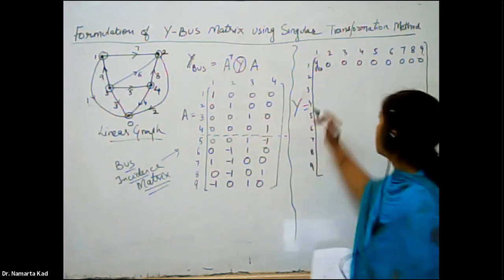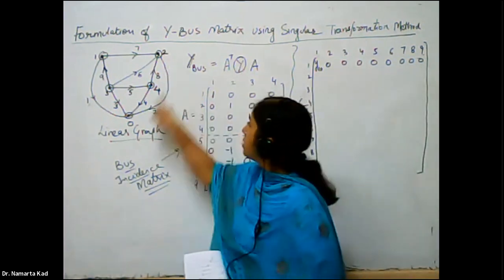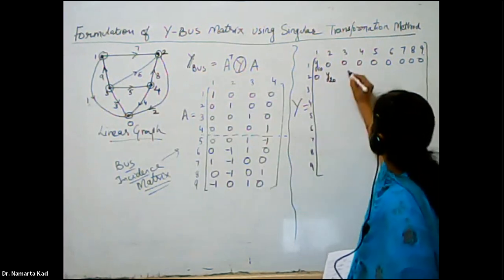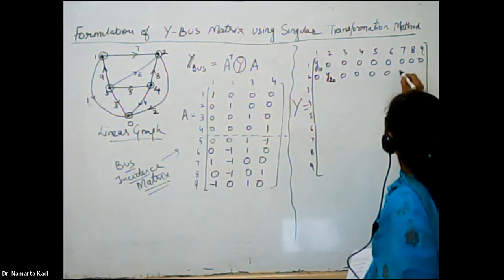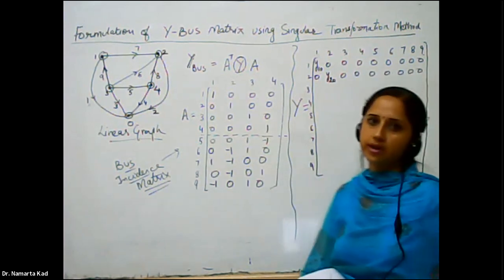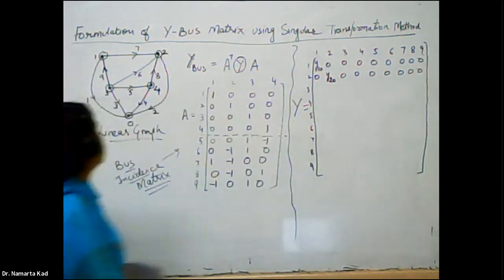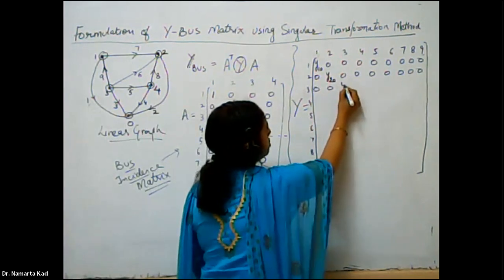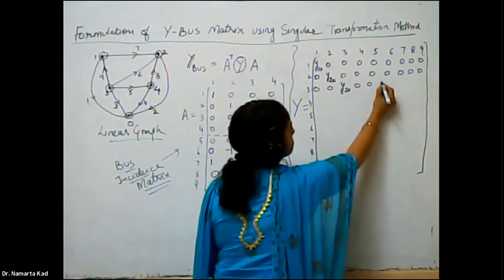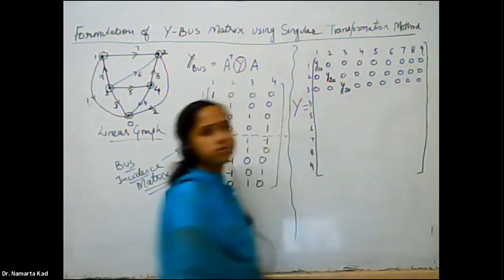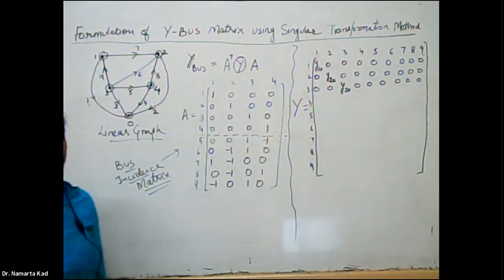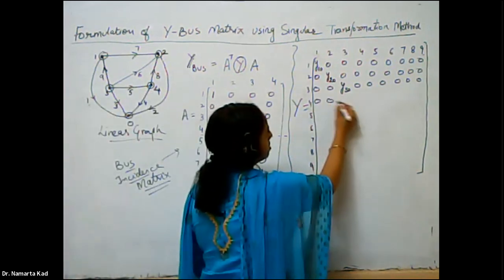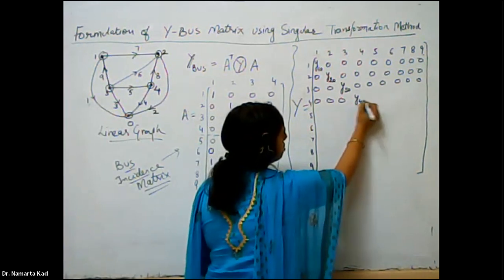Now similarly, the second element is between 2 and 0, so we write Y2 0, and the rest simply as 0. Similarly the third entry is between 3 and 0, so 0 0 Y3 0, like this. Similarly, the fourth is between 4 and 0, so we mention it as Y4 0.